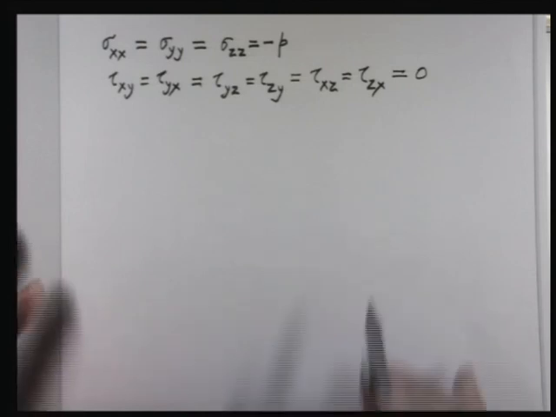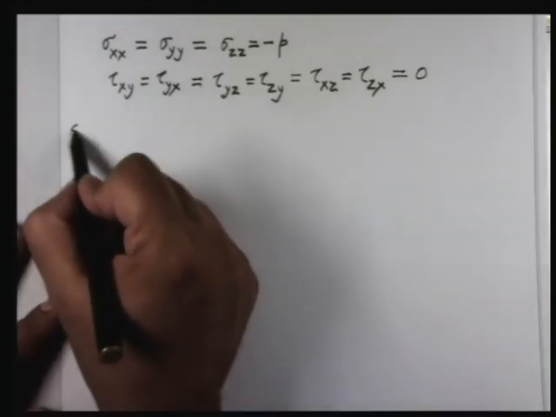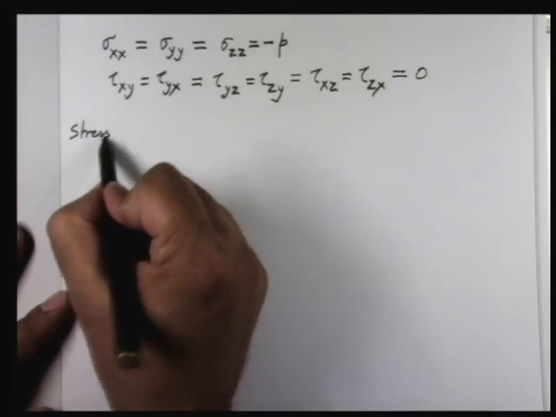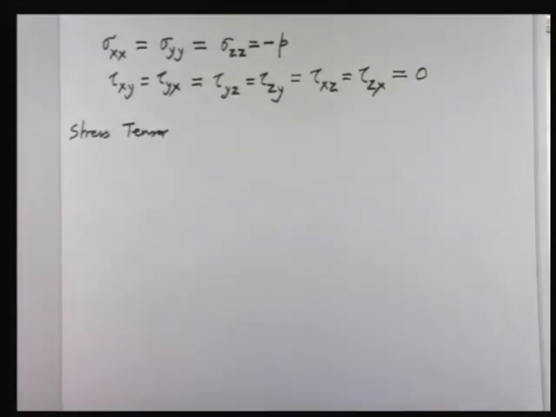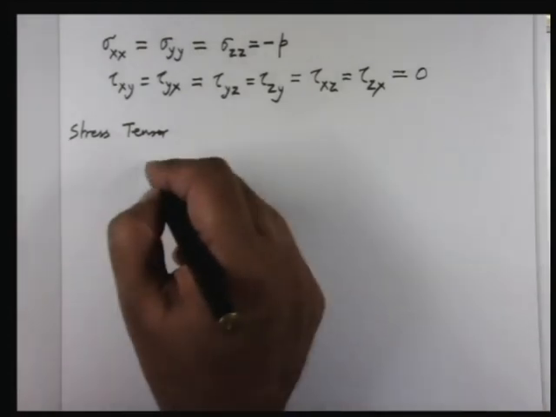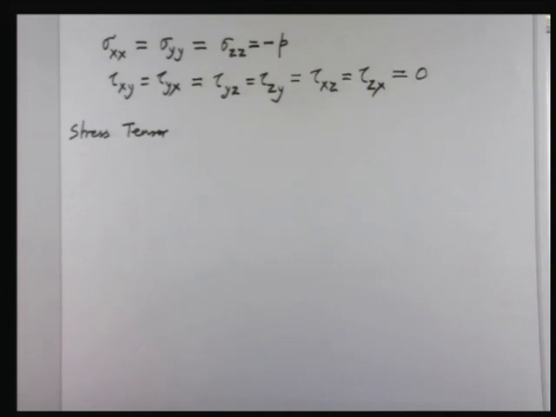Now if I write the stress tensor, I can use the index notation, or I can write it in the form of a 3 by 3 matrix. Now in the morning, Professor Chakraborty used the index notation.